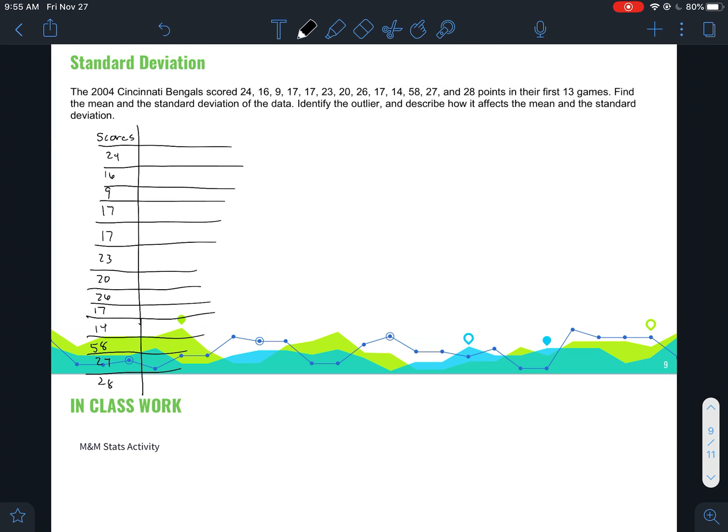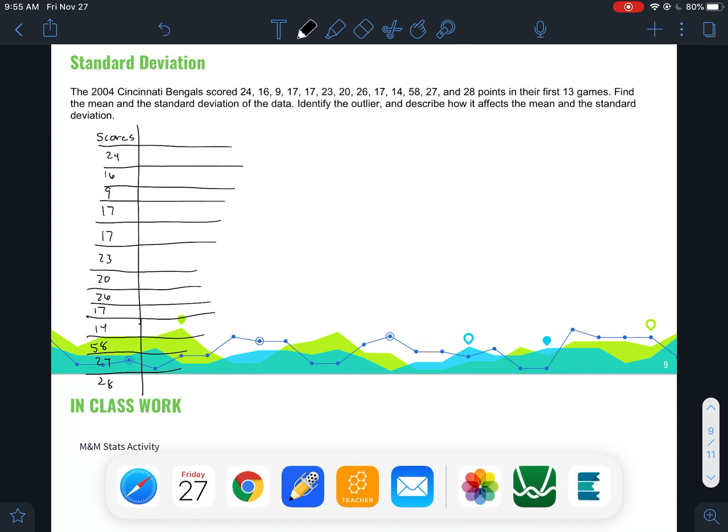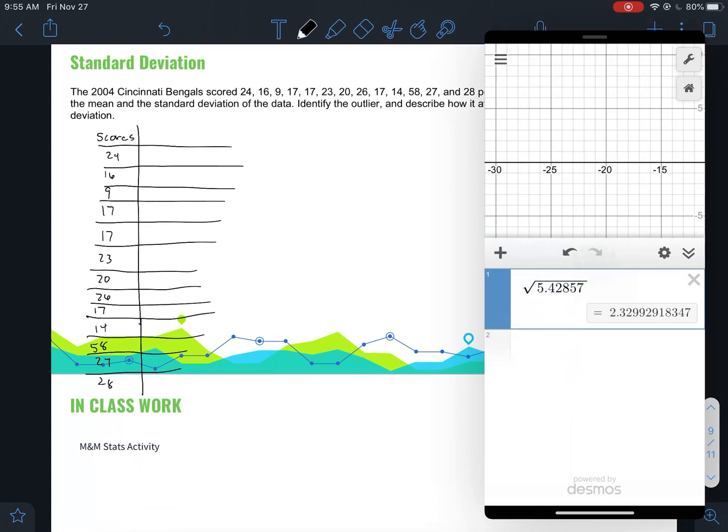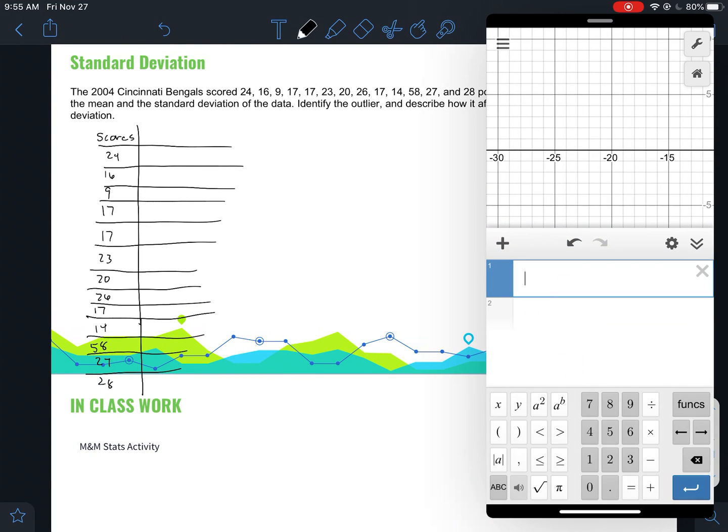We have 13 games. Let's add up all their scores: 24 plus 16 plus 9 plus 17 plus 17 plus 23 plus 20 plus 26 plus 17 plus 14 plus 58 plus 27 plus 28.